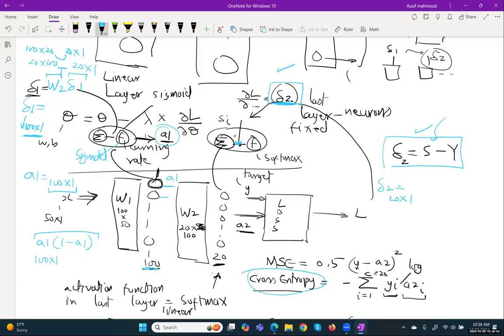So what I'm trying to say is that this is not a matrix multiplication. The net result is that A1 times 1 minus A1 will come out to be 100 by 1, right? So if we go back over here, my question is, where do I put A1 times 1 minus A1?